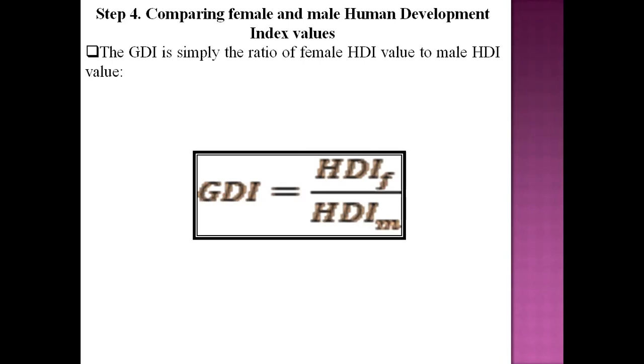In this tutorial, we take the data of Mongolia. We will verify whether there is any discrimination in education, in health, and in income in Mongolia between male and female.